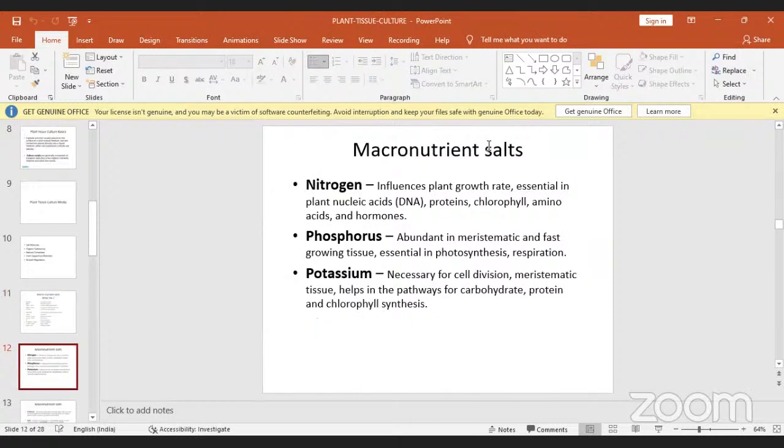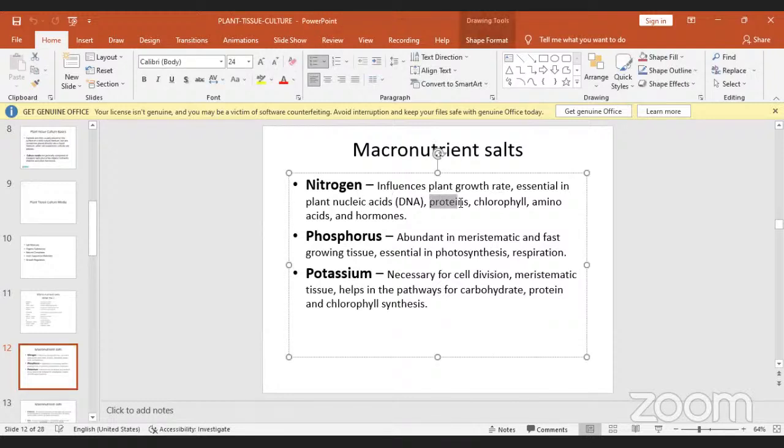Now, some macronutrients. Nitrogen influences the plant growth rate and is essential in plant nucleic acids, DNA, proteins, chlorophyll, amino acids, and hormones. And phosphorus, these are what we call NPK. Phosphorus is abundant in meristematic and fast-growing tissue, essential in photosynthesis and respiration.